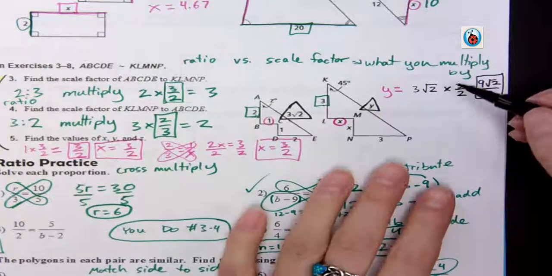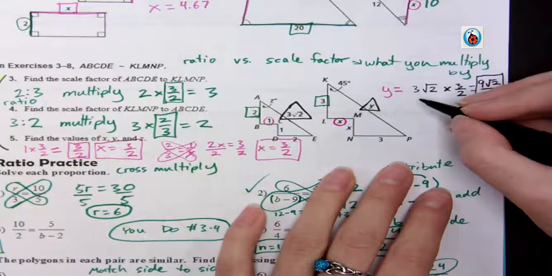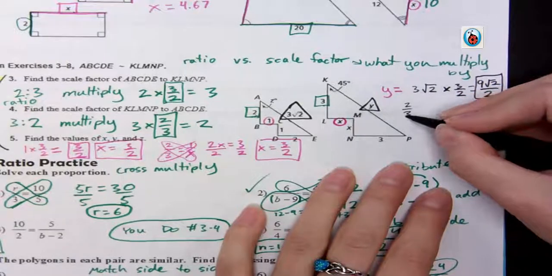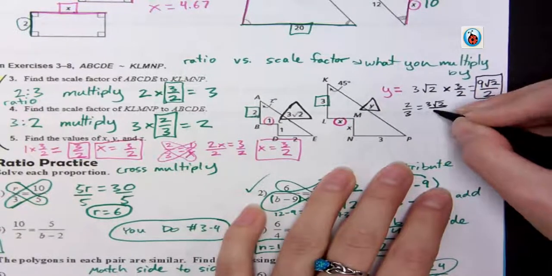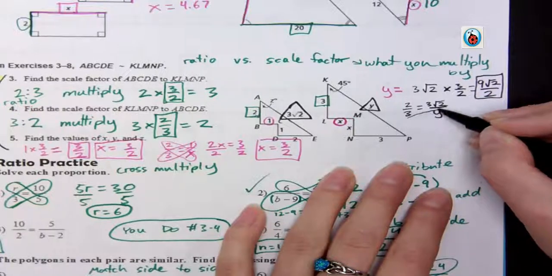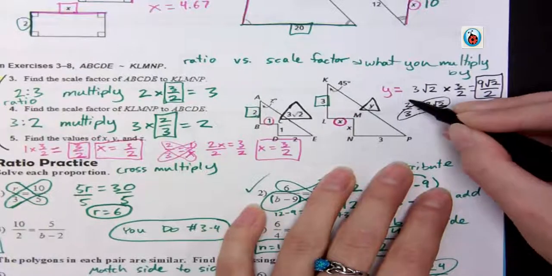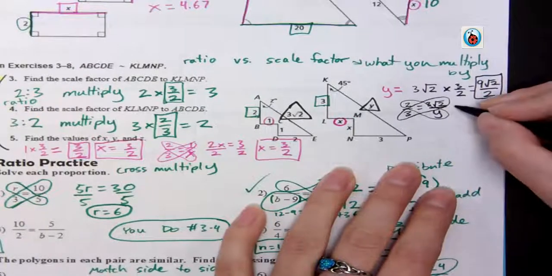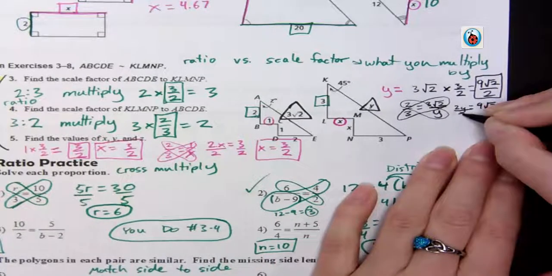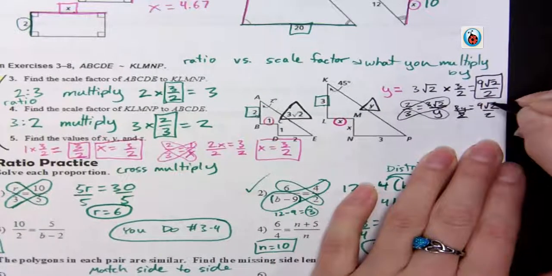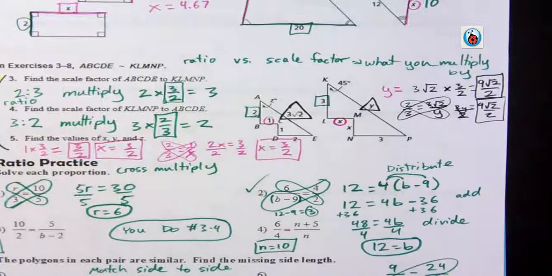Again, if it's easier for you, you can set up the 2/3 equals 3 root 2 over y and cross multiply and divide. So that gives you 2y equals 9 root 2, and then you divide by 2 to get 9 root 2 over 2.